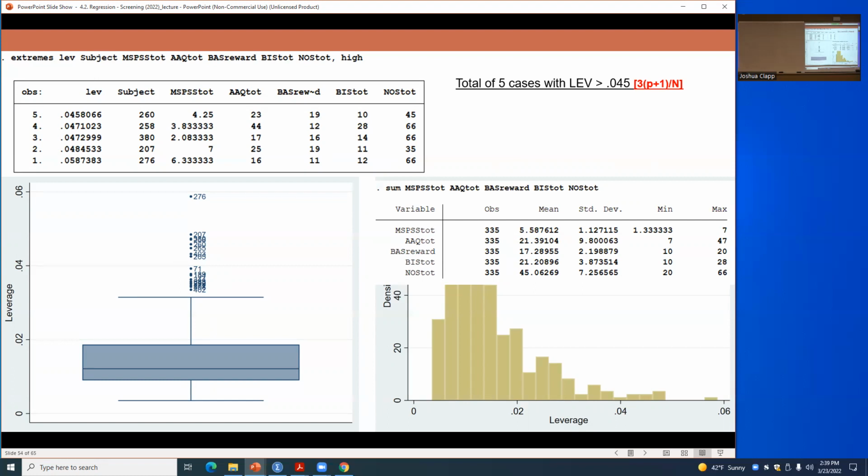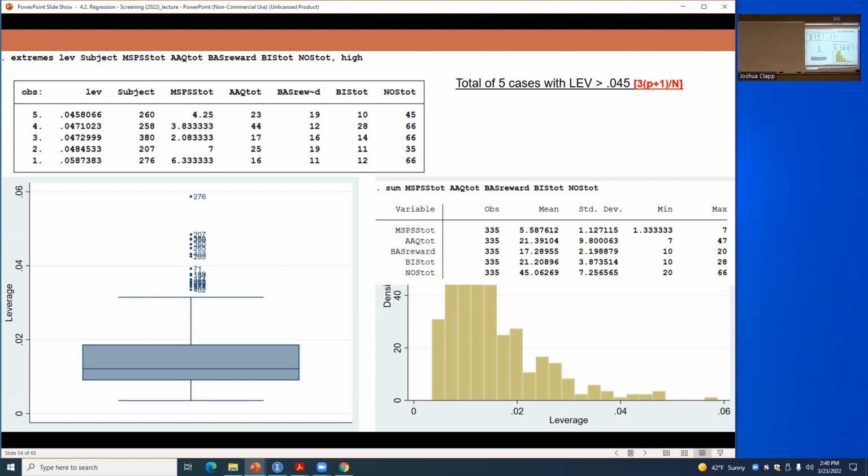BIS here is 12. We've got a mean for the sample of 21 with a standard deviation of 3. That's really low, right? And then we've got a score of 45 here, with a standard deviation of 7. So we've got a combination of really high NOS, which is going to be reluctance to engage social support networks, combined with a really low BAS and a really low BIS, so behavioral inhibition and reward seeking.